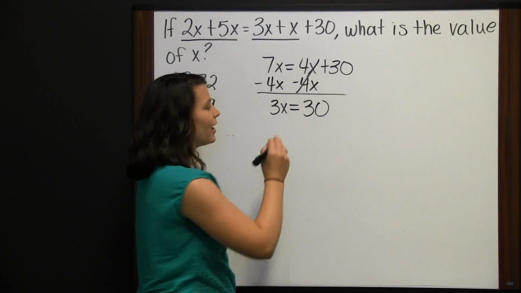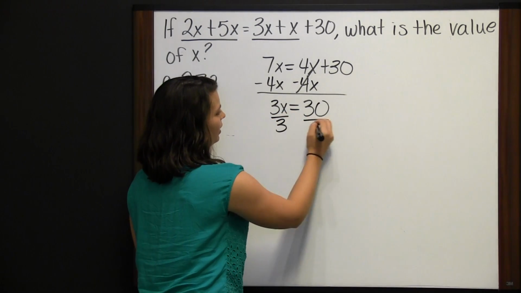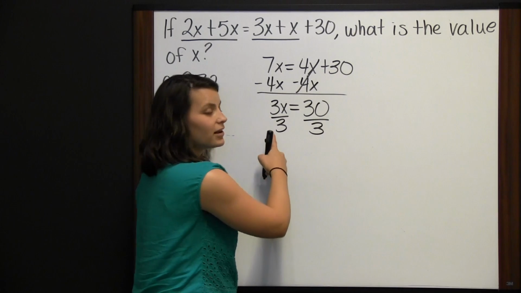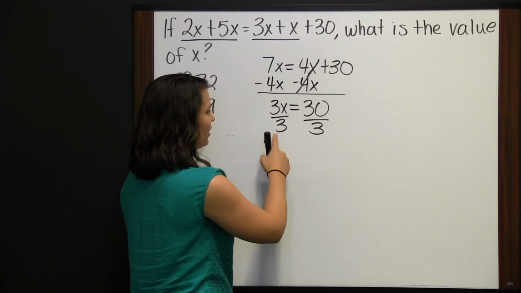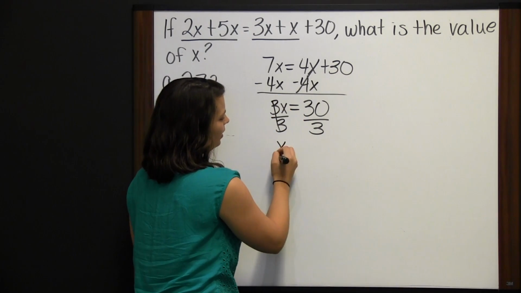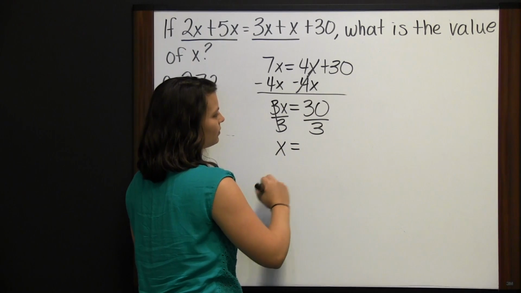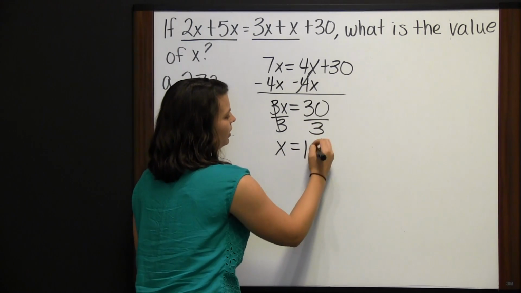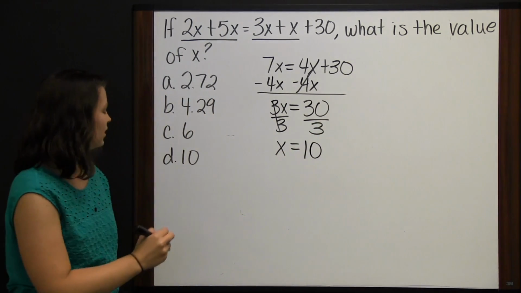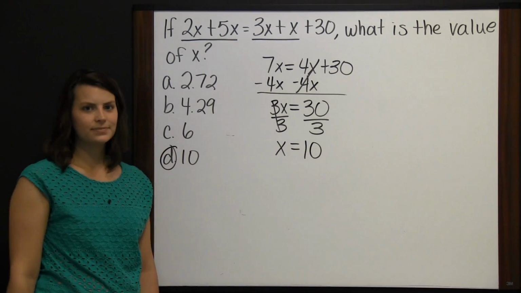Finally, we need to divide both sides by 3. 3 divided by 3 is 1, and 1 times x is simply x. So x equals 30 divided by 3, which is 10. And that's answer choice D.